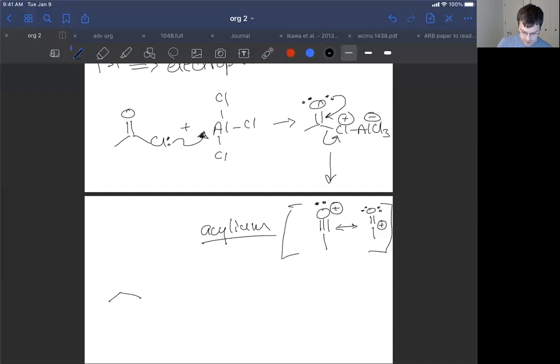Okay, now everybody's going to be annoyed at me because I just made a big deal about how I want to see a carbon-oxygen triple bond. It's actually a little bit easier to see how the benzene molecule reacts with our acylium using the one where the positive charge is at the carbon atom. Let's use 2 arrows. So the benzene is going to attack the linearized carbon of our acylium, and it's going to push the electrons onto the oxygen atom.